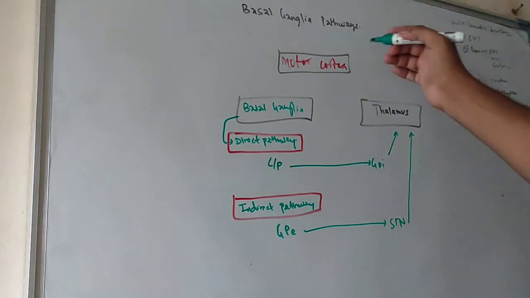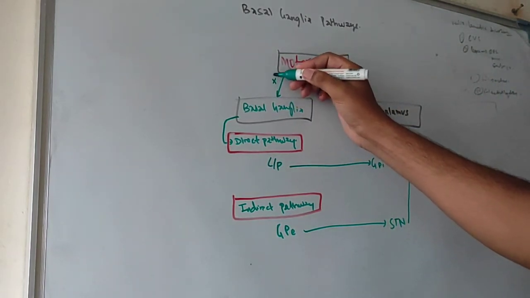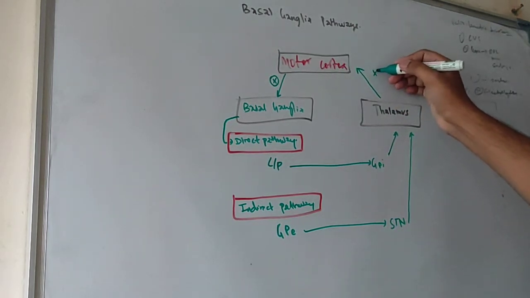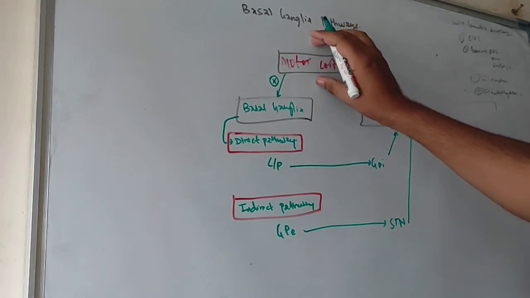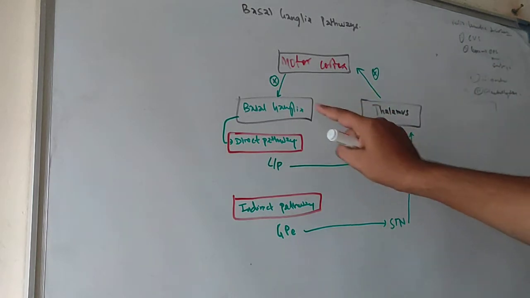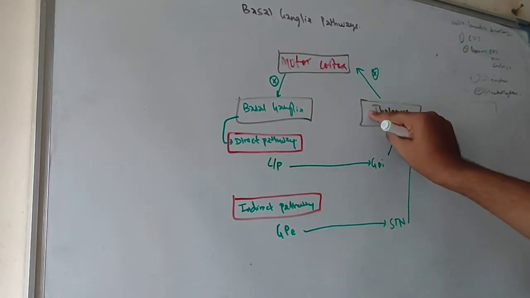The motor cortex always stimulates the basal ganglia, and the thalamus always stimulates the motor cortex. So the increase in motor activity depends upon the basal ganglia stimulating or inhibiting the thalamus.